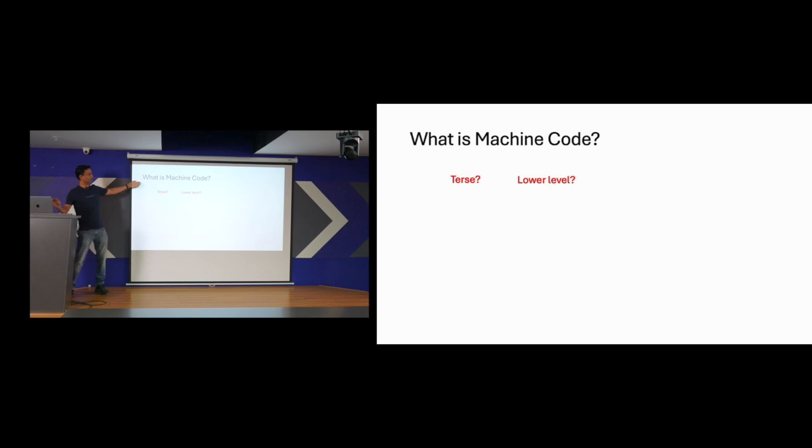A lot of times we think about machine code. The moment we think about machine code, what are some of the things that come up? Terse, lower level, right? Terse is like really short, tiny, small. For example, a picture is usually not terse.